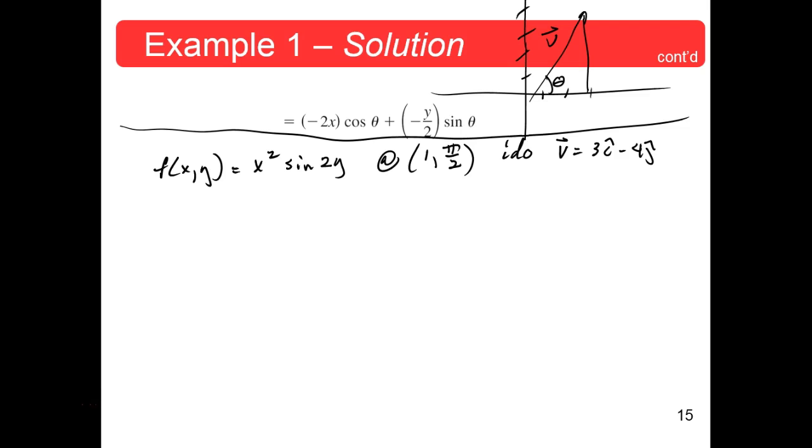Now, this is 3 units here, this is 4 units here, and this is obviously the square root of 9 plus 16.